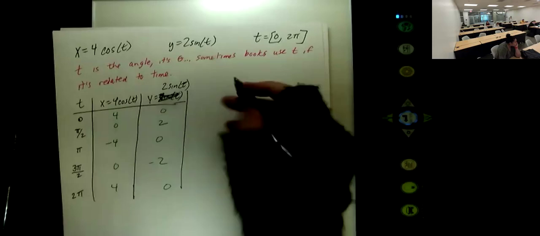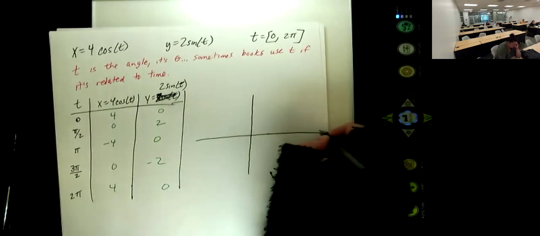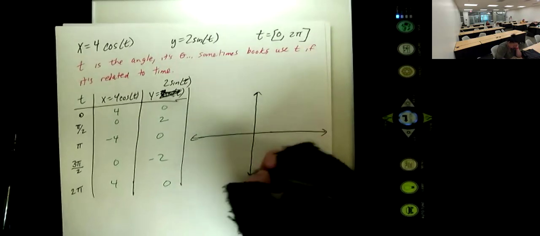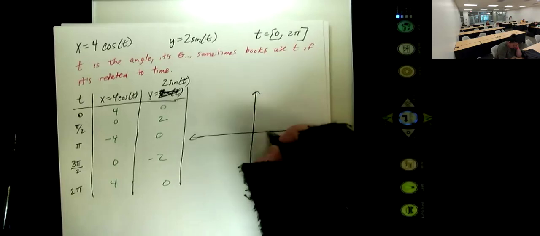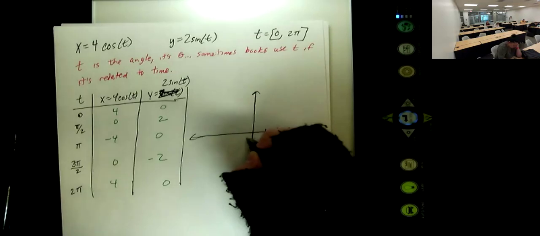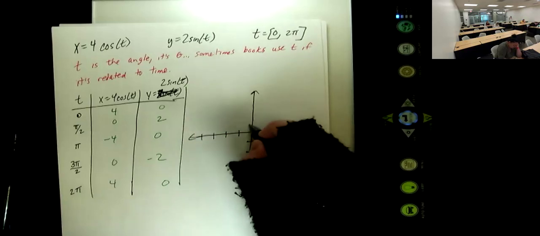Alright, so let's see what we got and then we'll decide if we want to make more points. Looks like the lowest y gets is plus or minus 2 and x is plus or minus 4.